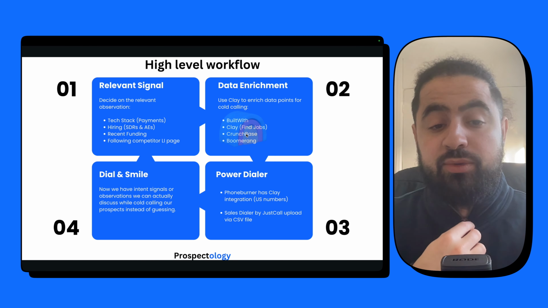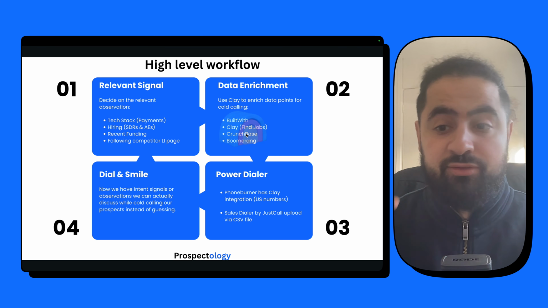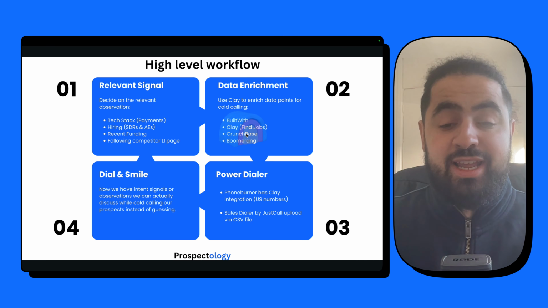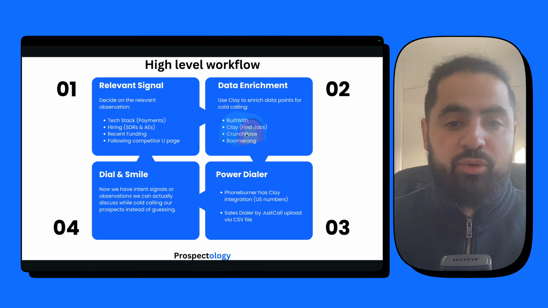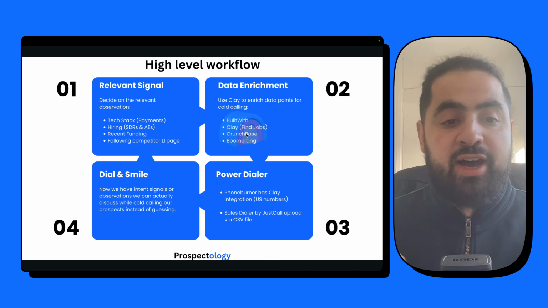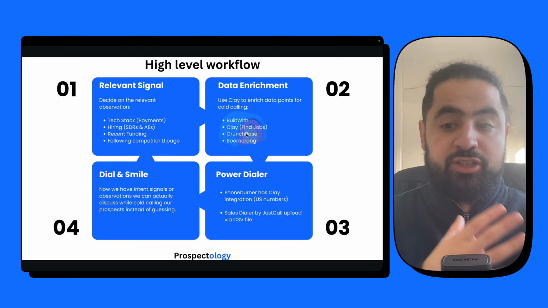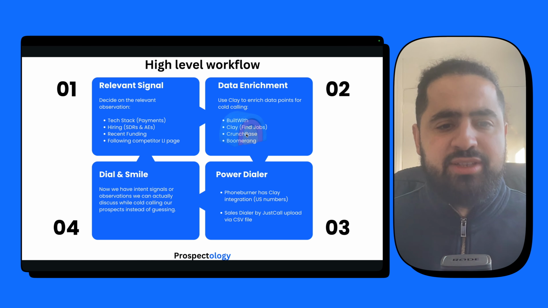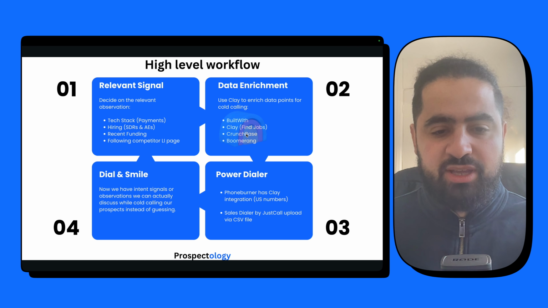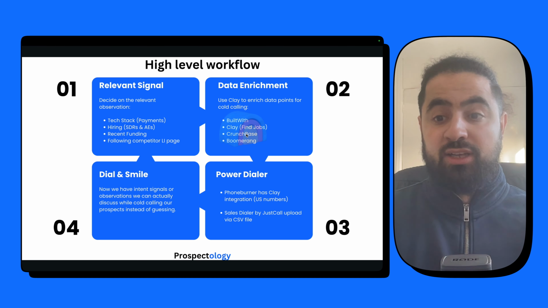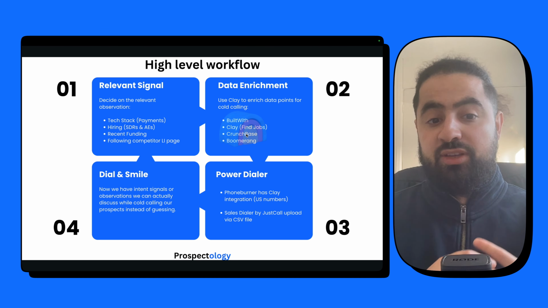So if I was going to do a tech stack grab and find out who the payment processor is for that e-commerce company, for example, I'm going to use BuiltWith. If it's to find if companies are hiring for a specific role, let's say they've done a Series A or B funding, and they're now looking to hire their first SDRs or their first AEs.